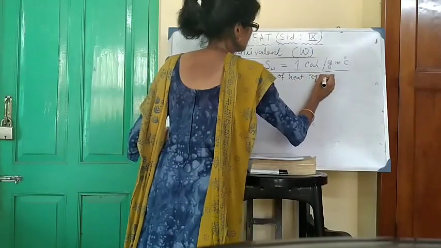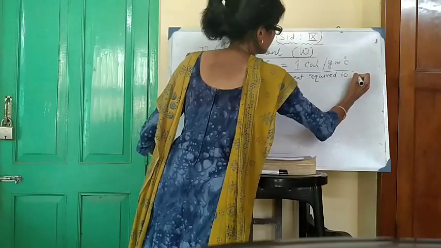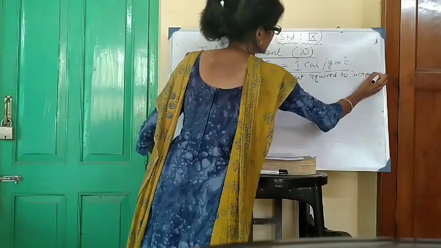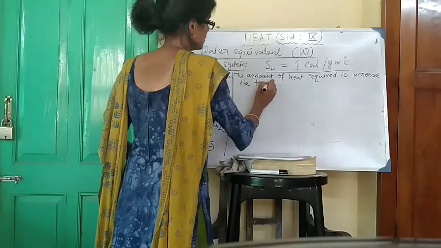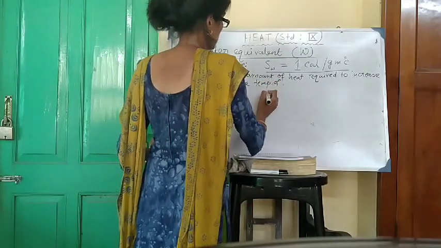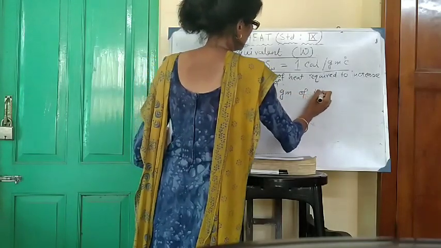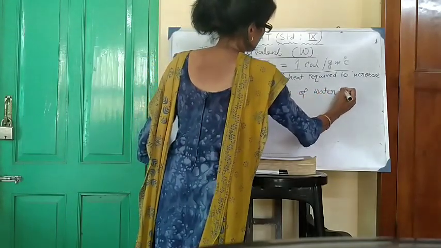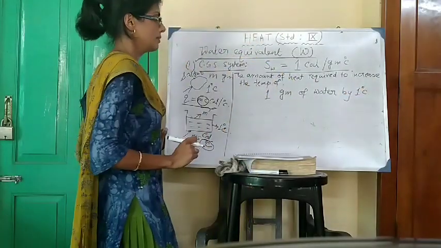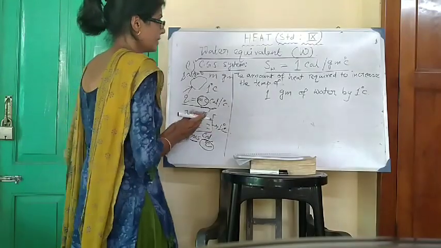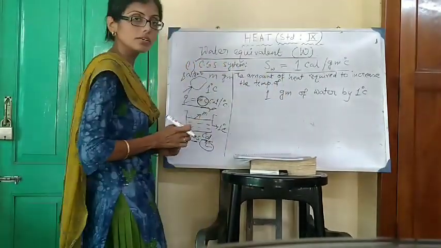required to increase the temperature of 1 gram of water by 1 degree centigrade, that is 1 calorie. Okay, so we can write the amount of heat required to increase the temperature of 1 gram of water by 1 degree centigrade.